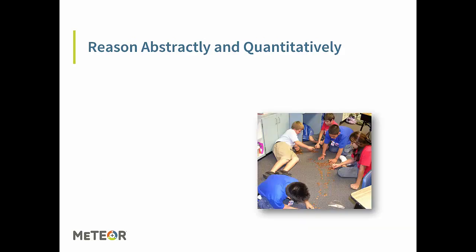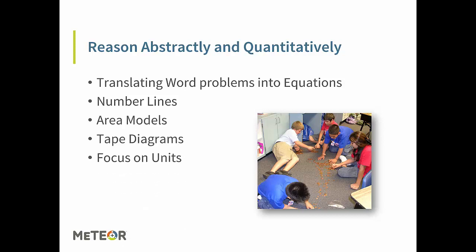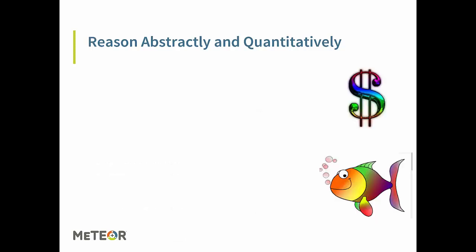In the higher grades, tasks for this math practice should focus on translating word problems into equations, number lines, using area models, tape diagrams, and units. Mathematical Practice 2 gives us language that shows students the relationship between the word problem, quantitative, and the algebraic equation, abstract.